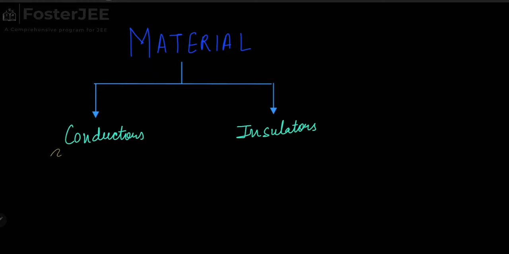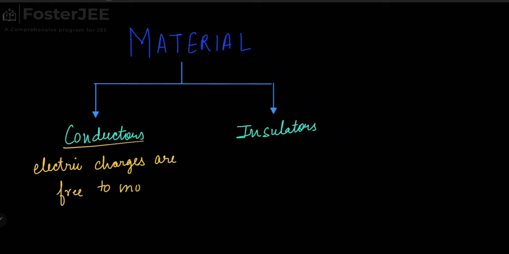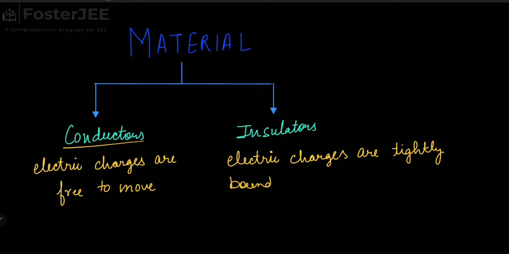Now, we will differentiate both these by saying that in conductors, electric charges are free to move, whereas in insulators, electric charges are tightly bound with their respective atoms.